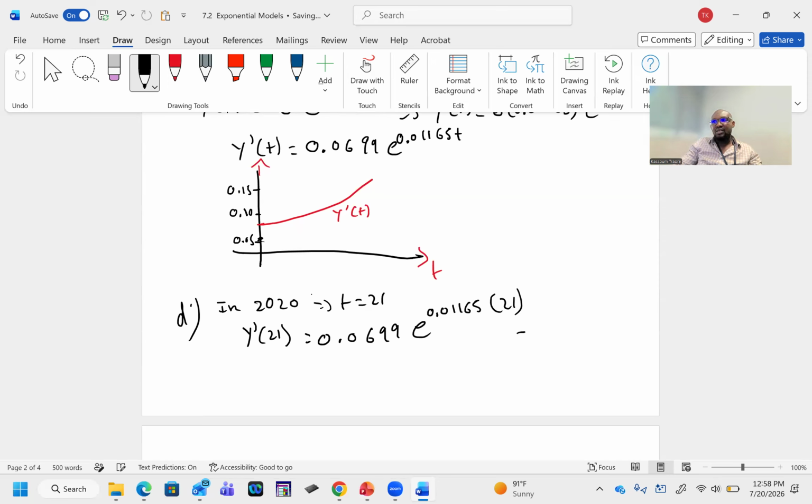Use your calculator. So this will give us approximately 0.0893 billion per year.